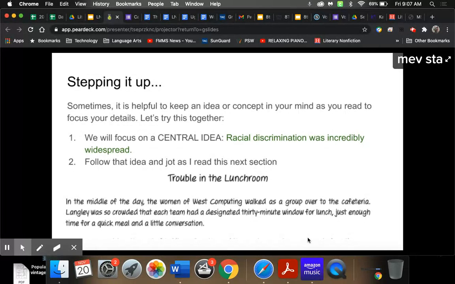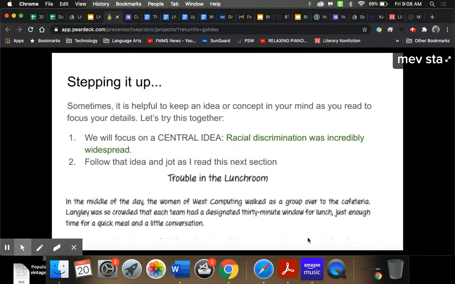So that's what we're going to do now. We're going to focus on, okay, maybe I'm looking for details to support a theme. Maybe I'm looking for details to support a character. Maybe I'm looking for details to support a central idea. So that's what we're going to practice now. We are going to focus on a specific central idea that racial discrimination was incredibly widespread. Okay, we talked about that yesterday. And we are going to follow that idea as we read this next section called Trouble in the Lunchroom. Okay?